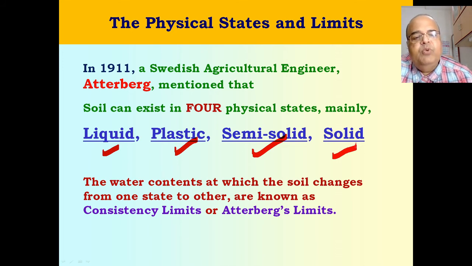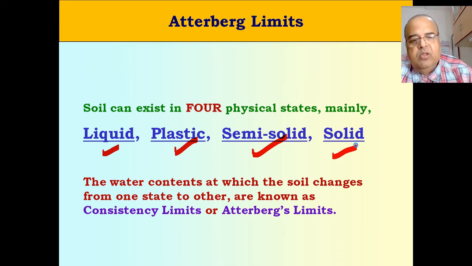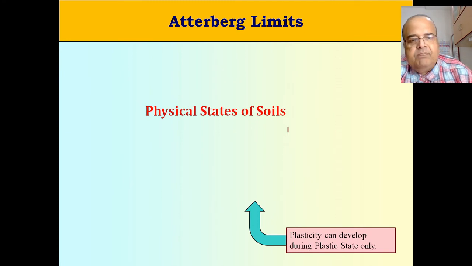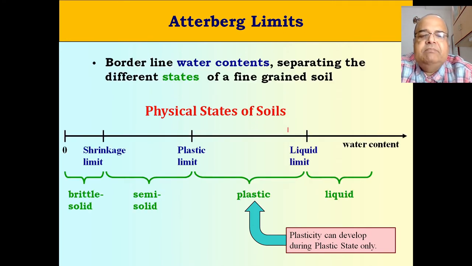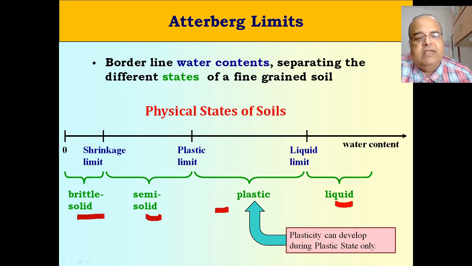The water contents at which the soil changes from one state to the other are known as the consistency limits or the Atterberg limits. The physical states of the soils and the water contents at which they change, that is liquid limit, plastic limit, and shrinkage limit, give rise to these 4 physical states: liquid state, plastic state, semi-solid state, and brittle state.